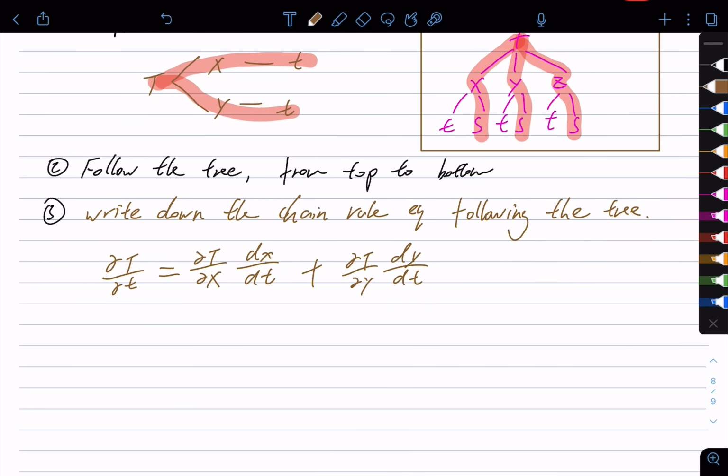And this is your chain rule equation by following the tree.